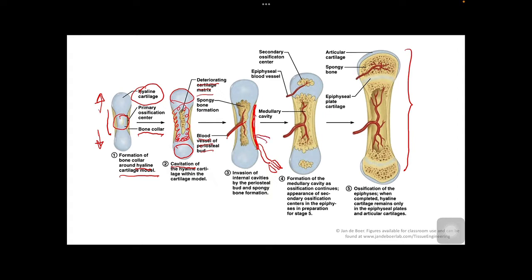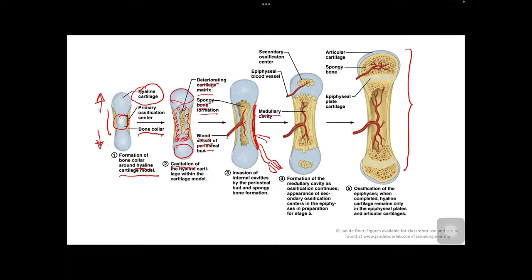This also induces the integration of blood vessels in the central part that is becoming more spongy, and more blood vessels are going to start growing inside to bring in nutrients, oxygen, and everything that the bone needs to keep growing.